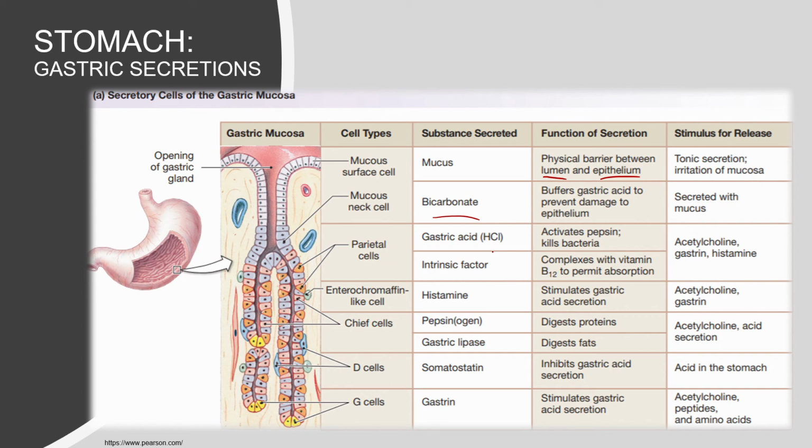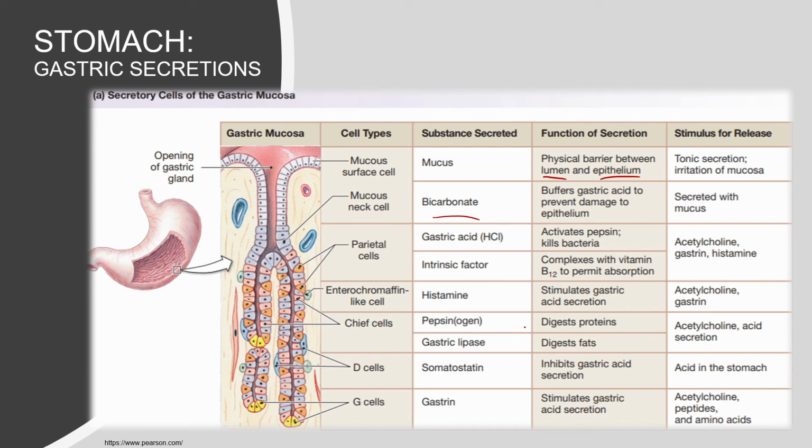Bicarbonate. Actually, bicarbonate buffers gastric acids to prevent damage to the epithelium. And we have a lot of bicarbs in the duodenum. Then we have gastric acid, HCl, which activates pepsin and kills bacteria. That's why it's very important.